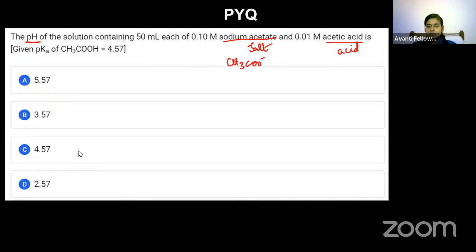CH3COO minus Na plus is sodium acetate, and acetic acid is CH3COOH. These are the two compounds and their concentration values are given, and pKa for acetic acid is also given. How will you find out the pH? Take your time. We will solve after some seconds.